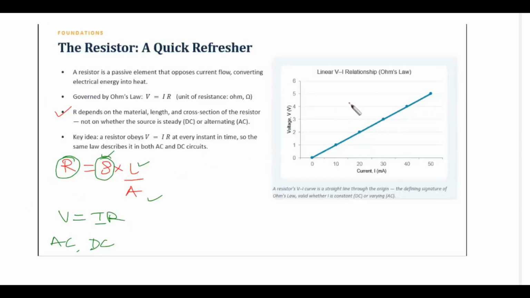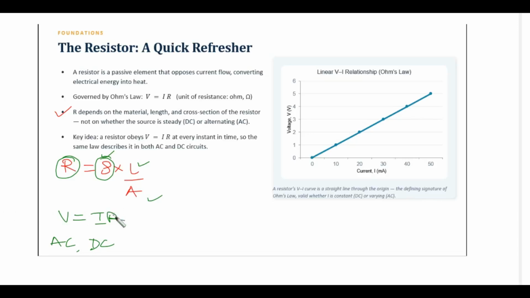Ohm's law states that the current flowing through a conductor, and here your resistor is basically a conductor, is proportional to the potential difference across its ends, provided that the necessary physical conditions are kept constant. So it's a linear relationship.